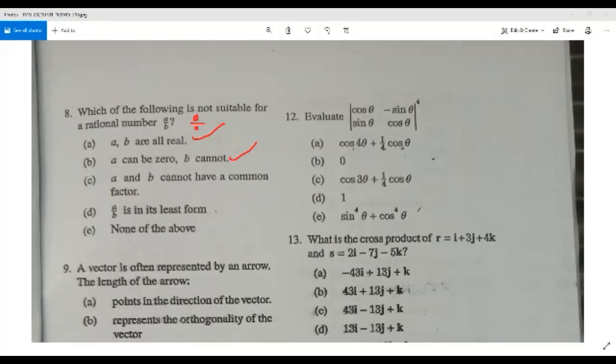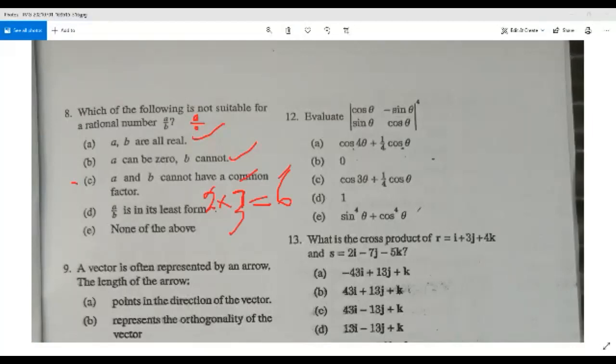So I'm thinking it may be C. He's saying A and B cannot have a common factor. That one I don't think is true. Because if I have, let's say, 2 times 3, what will be the answer? 6, right? So it means 2 and 3 are factors of 6.